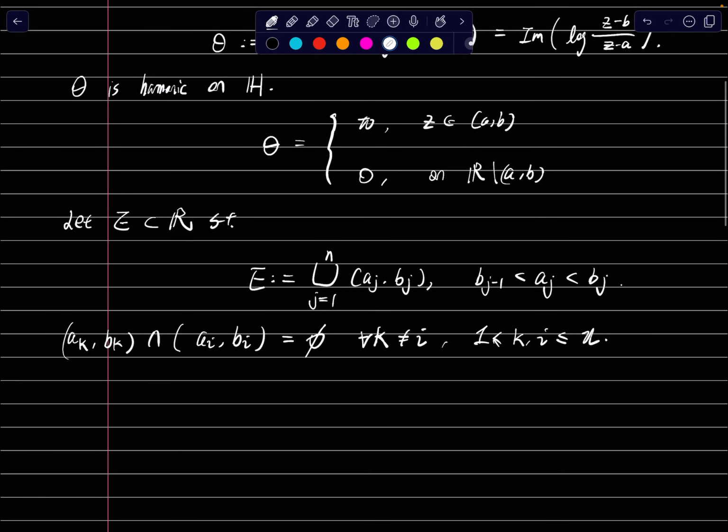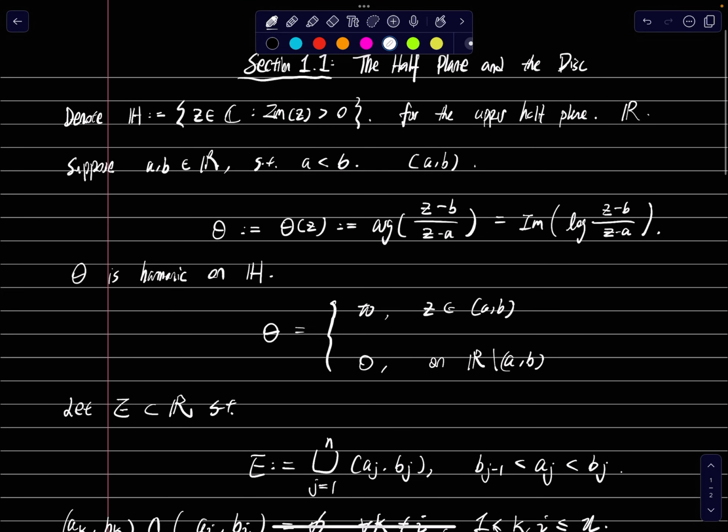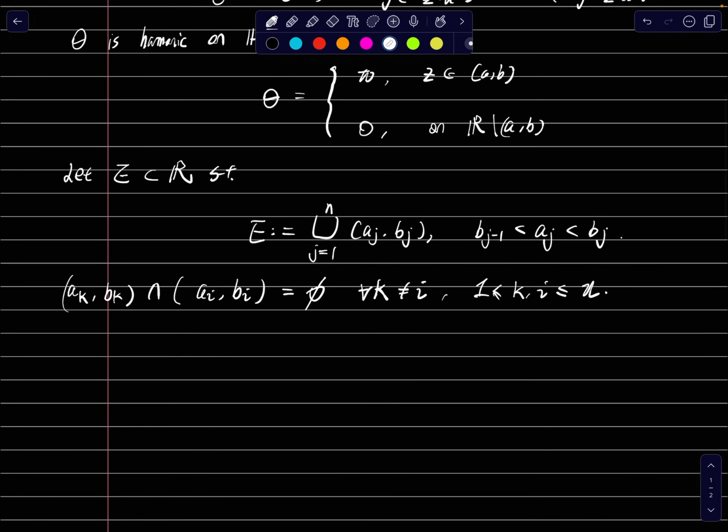So now we define our theta_j. Before, we defined our theta to be a harmonic function over the interval a to b. And now we have finitely many open intervals. So assigning the same index to theta, we can define our theta_j to be the argument of (z minus b_j) over (z minus a_j).